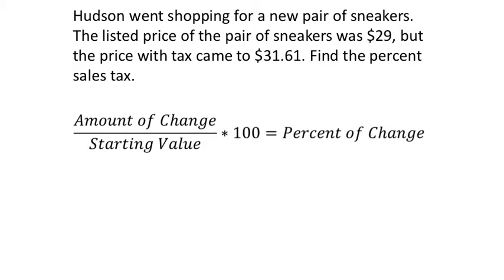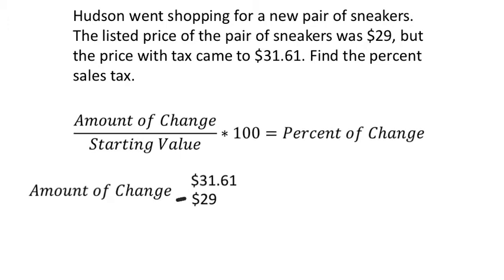All right, so this is what I got, and I want to start by finding the amount of change. So let's find the amount of change. I'm just going to take the big number here, $31.61, and I'm simply going to subtract the $29, okay? And this is going to give me my amount of change. I'll put this in red.